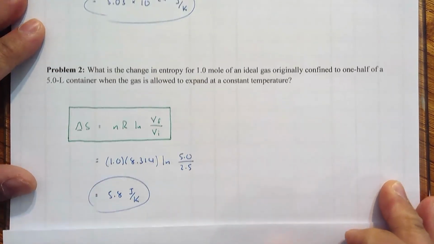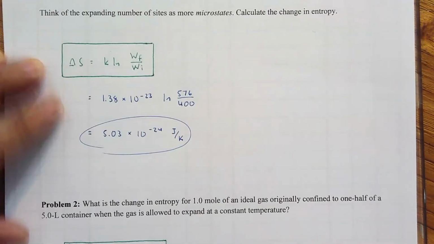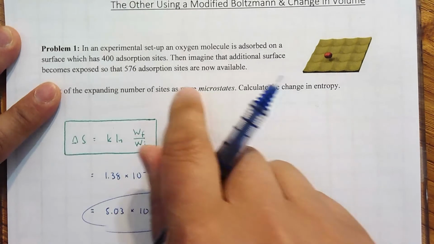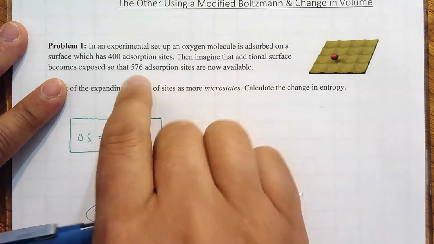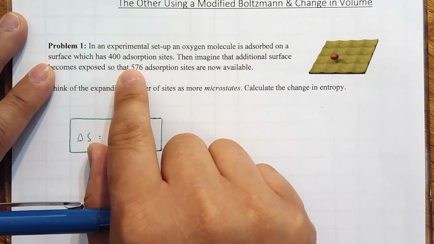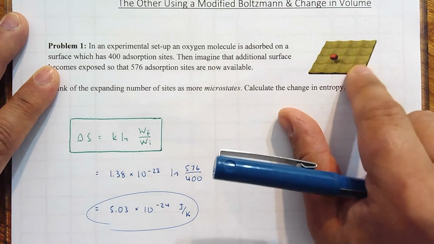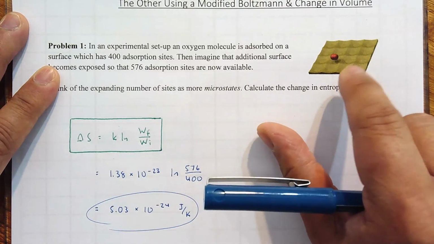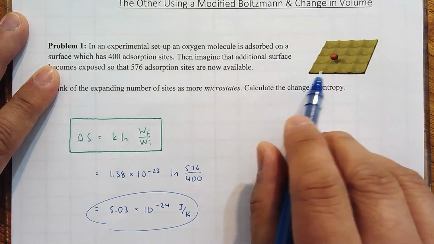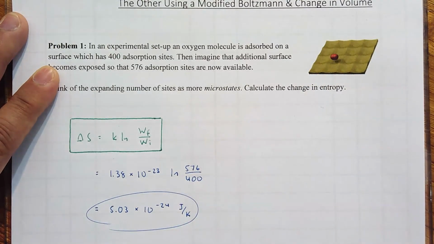Those are wildly different numbers, but just remember, we're only working with one molecule here and a relatively limited number of microstates. Okay, don't get confused by this picture. I never mentioned it before, but this is 16 microstates, just an example of a little patch of the surface, 4 by 4.